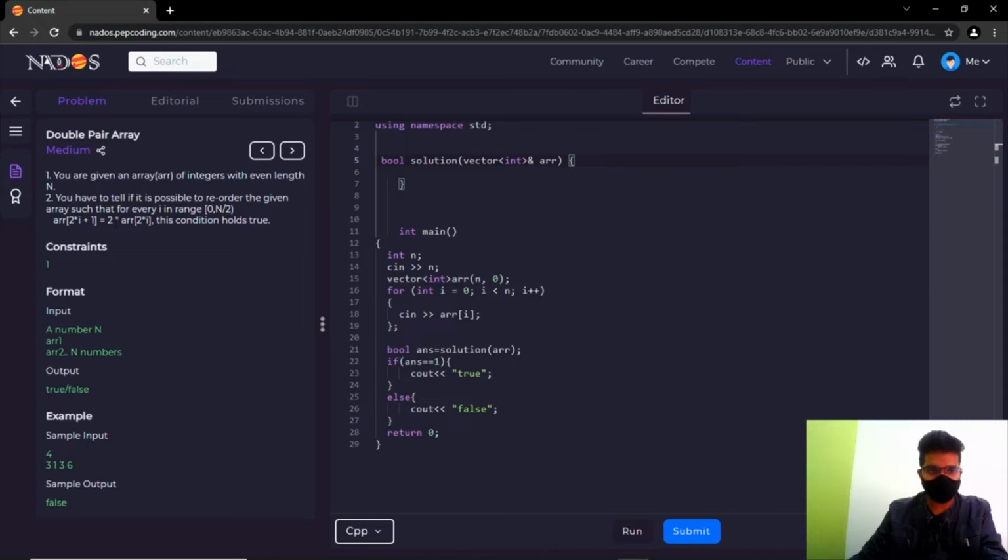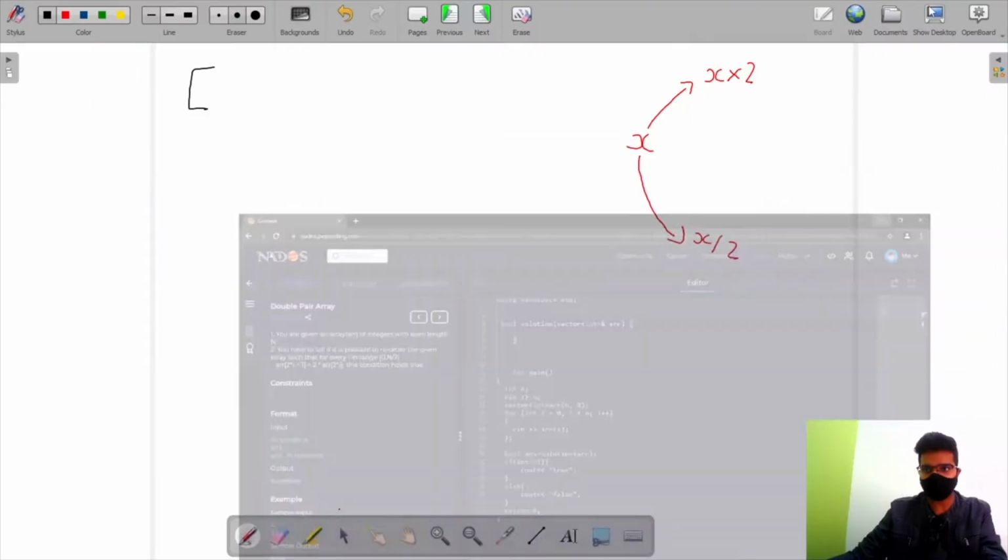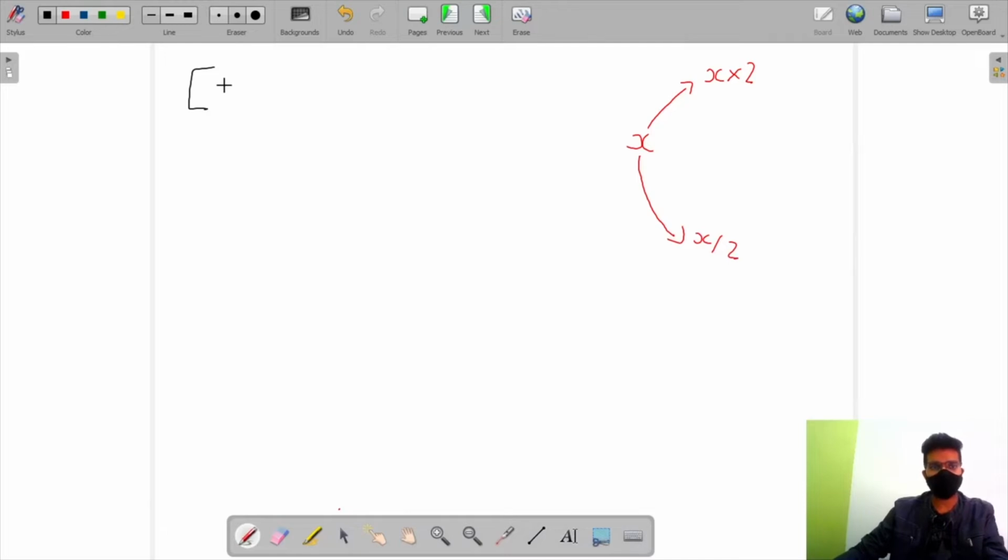It is mentioned that you are given an array of integers with even length n. Okay. So let's say we are given an array of integers of odd length, then what will that really mean? Let's understand. Okay. So if we got 2, 8, 4, 4 and 5.